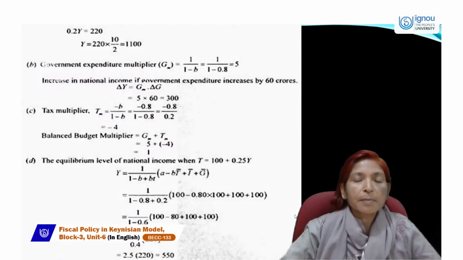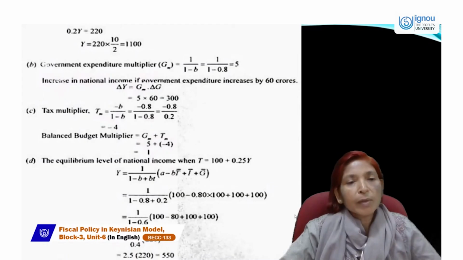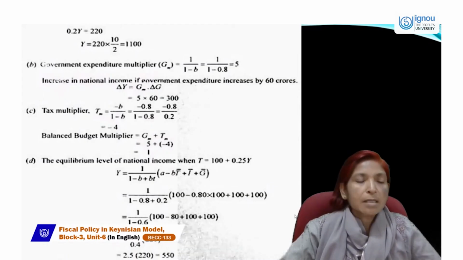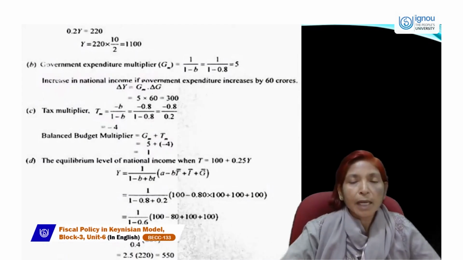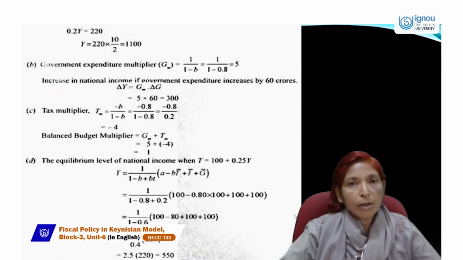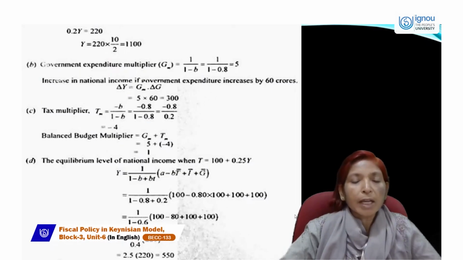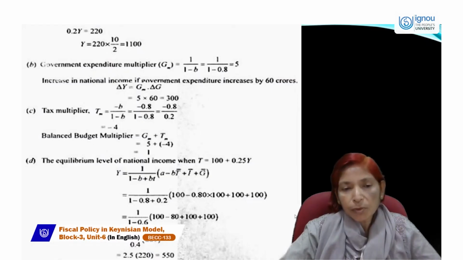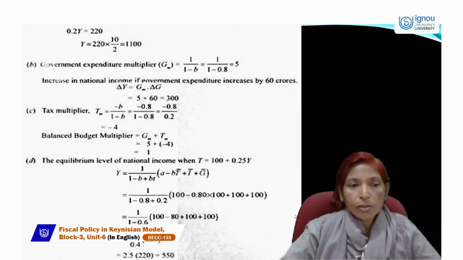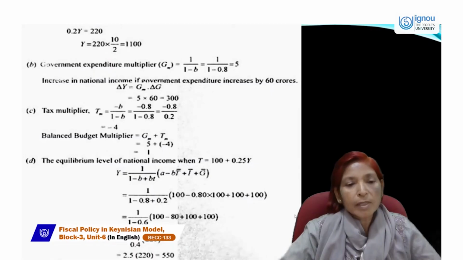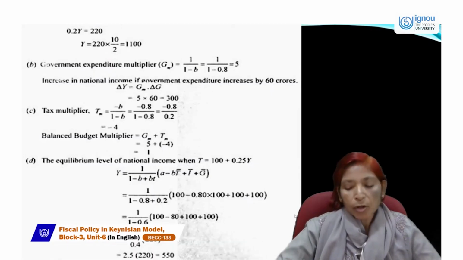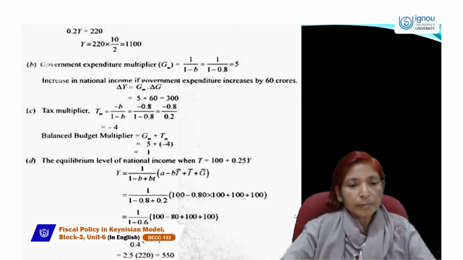That's why the government spending multiplier value will always be positive and the tax multiplier value will always lie in the negative. And the balanced budget multiplier is the summation of the government spending multiplier and the tax multiplier. If 5 plus the tax multiplier value of minus 4, then the value will be 1. So the balanced budget multiplier is always equal to unity, or equal to 1.